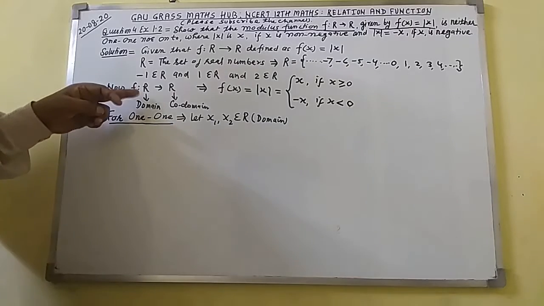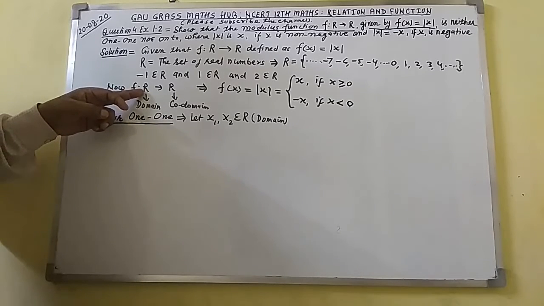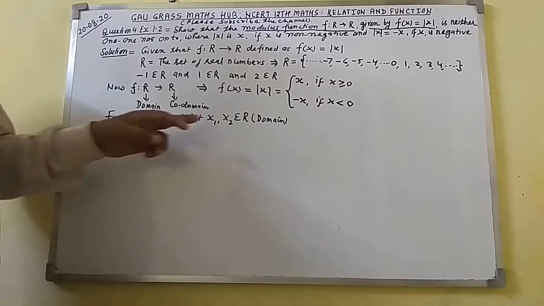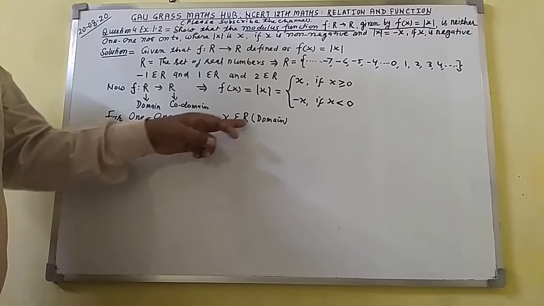So here you can see the R at this place is the domain, and x1, x2 belong to capital R, the domain.